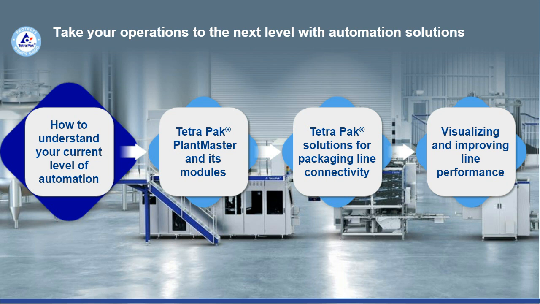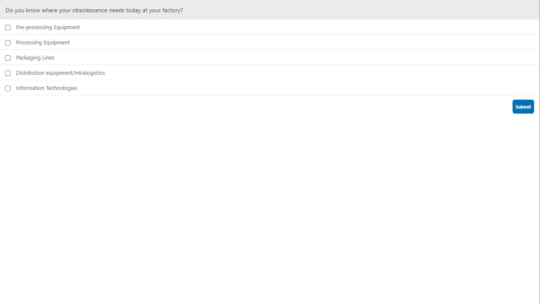But before we go any further, I would like to ask you, do you know where your obsolescence needs are today in your factory? Is it processing equipment, packaging lines, distribution, or maybe some information technologies? Where do you see the weaknesses or needs of your factory where you need to focus today?